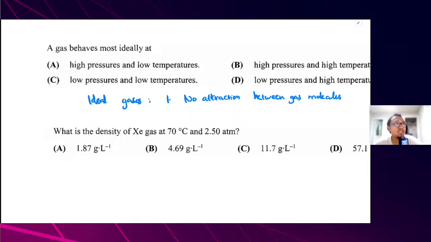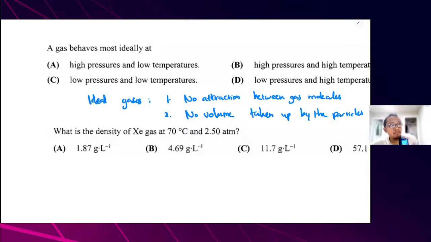The first one is no attraction between gas molecules. Number two is no volume taken up by the gas particles.